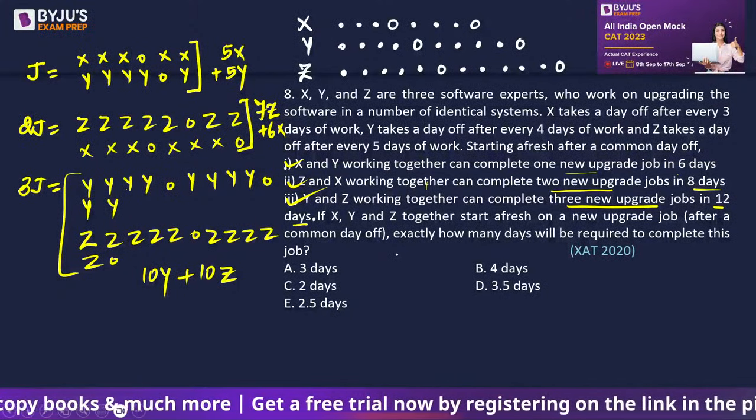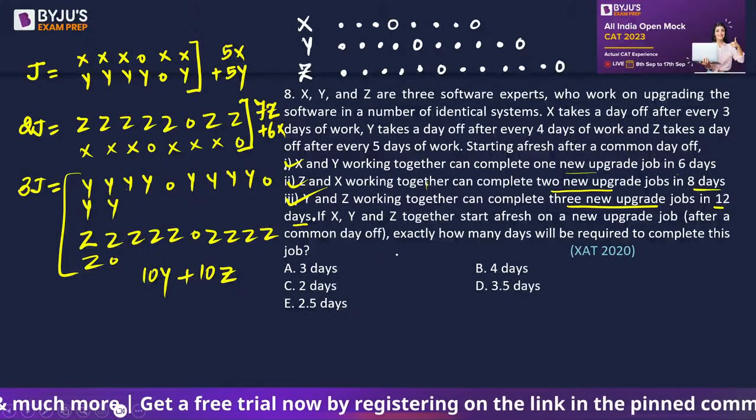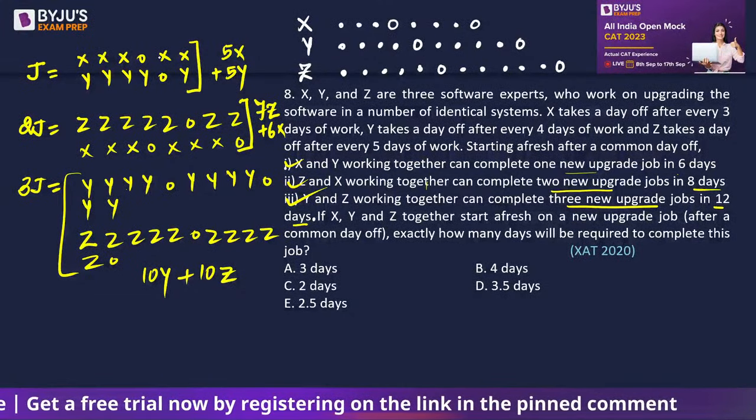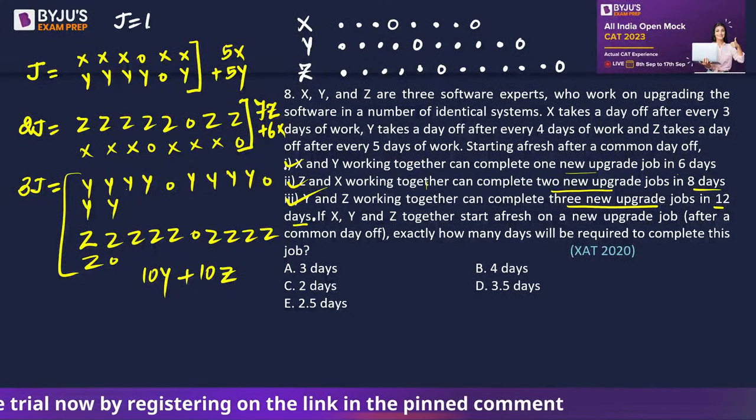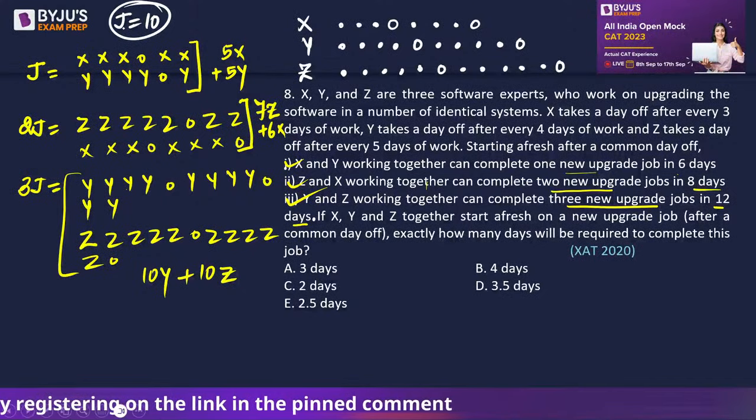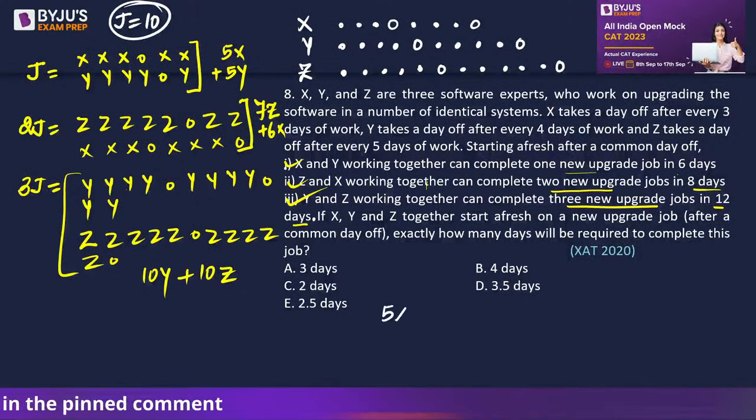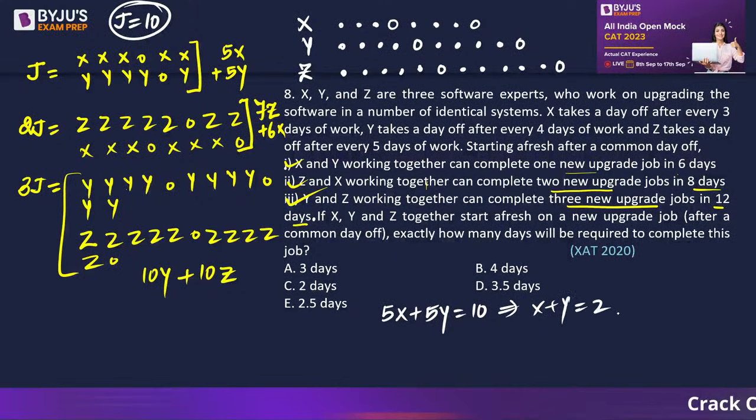Let's take j as 10. मान लिया कि जॉब जो है वो 10 है. ठीक है. If job is 10, then from the first line we can say 5x plus 5y is equal to 10. That results in x plus y is equal to 2.